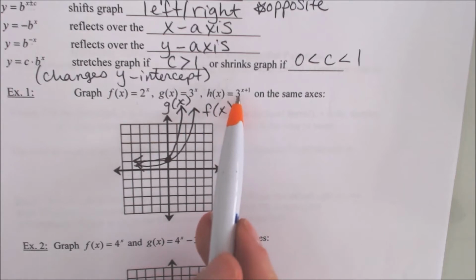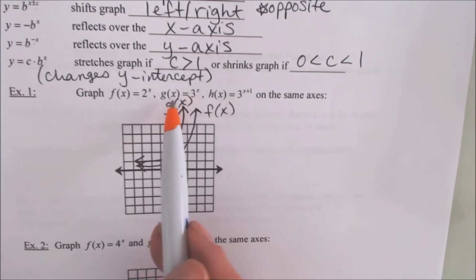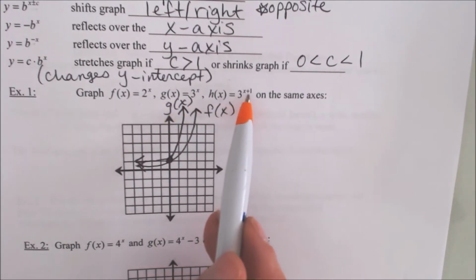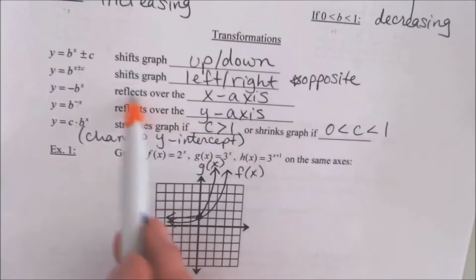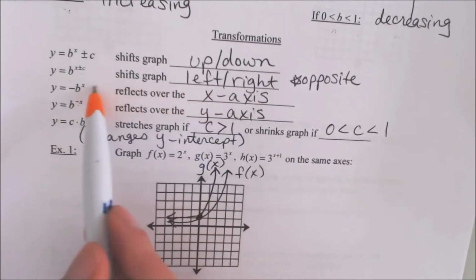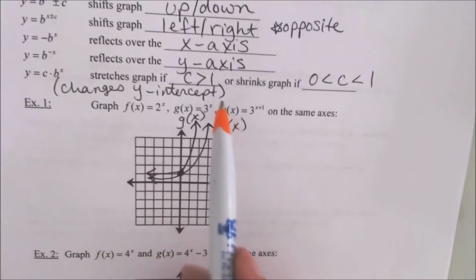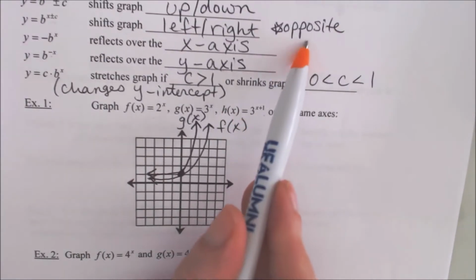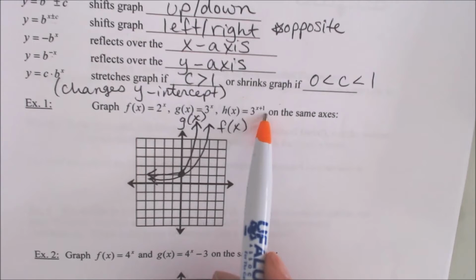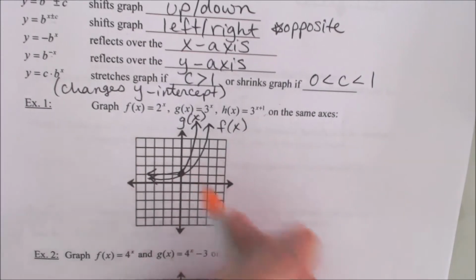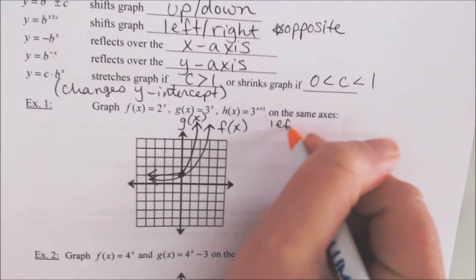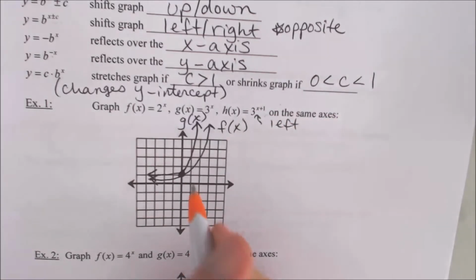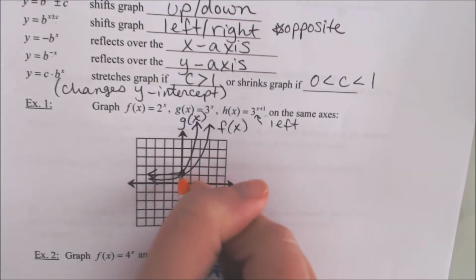Now, how is h of x going to shift? It's going to take that g of x function we just had. It's x plus 1 in the exponent position, so that's going to be a horizontal shift, left or right. Because it's plus 1, remember we said horizontal shifting is actually opposite, so it's going to take this y-intercept point and move it to the left 1 unit. I know my graph's getting a little jumbled up here, so do the best you can.